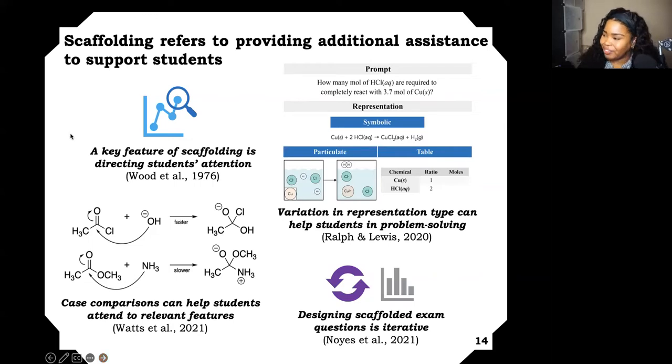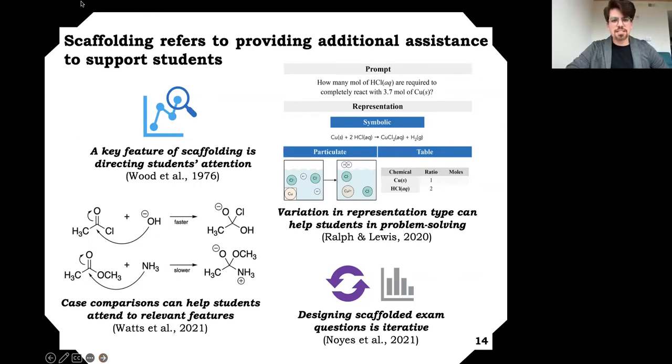Yeah, so that's a good question. The phrasing scaffolding is intentional, in the sense that if you think of building scaffolding, it's intended to be temporary. And there's this idea of slowly fading out the scaffolding over time.